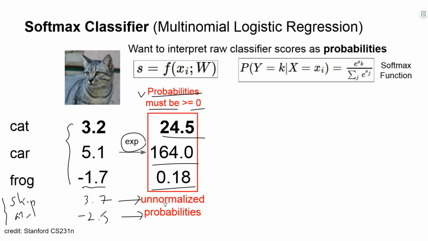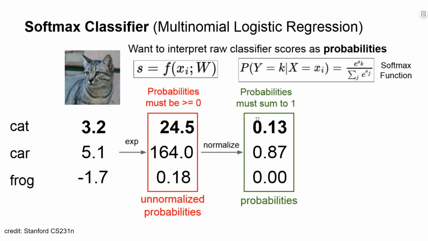And we say these numbers are unnormalized probabilities, because probabilities must sum to 1. However, these numbers do not sum to 1. Therefore, we call these numbers unnormalized probabilities. And how do we normalize these numbers?